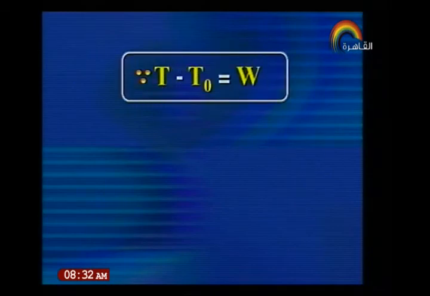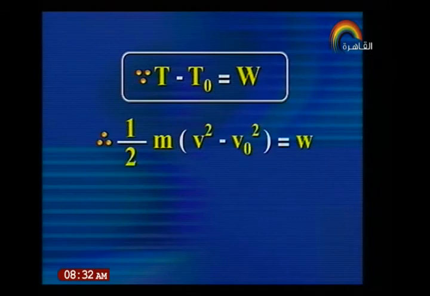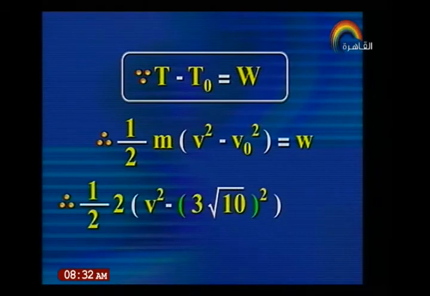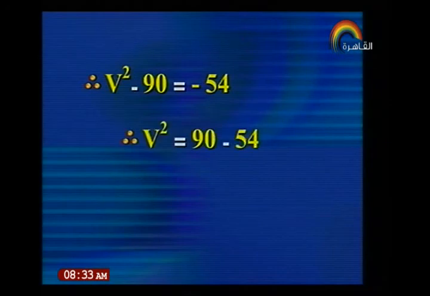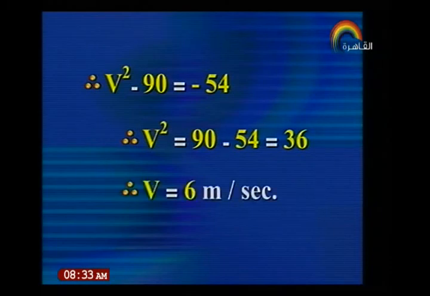Since change of kinetic energy equals W, then ½m(V² − V naught²) equals the work done: ½ times 2 times (V² − (3√10)²) equals negative 54. V² − 90 equals negative 54, then V² equals what? Equals 36. Then the velocity is 6 meters per second.